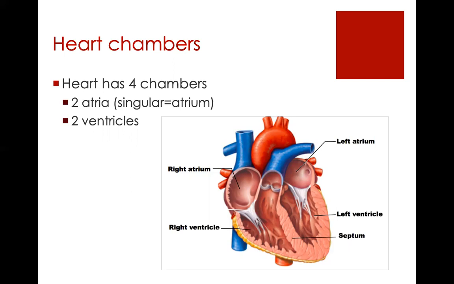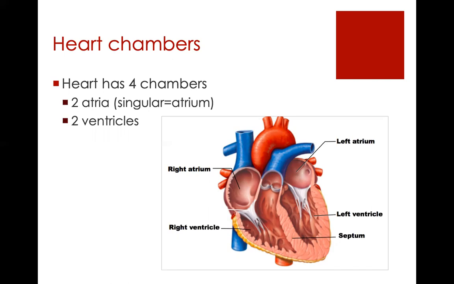The 2 top chambers of the heart in a plural sense are called atria, and if we're talking about one individual one, it's called an atrium. The 2 bottom chambers are referred to as ventricles, or ventricle if I'm talking about one of them.